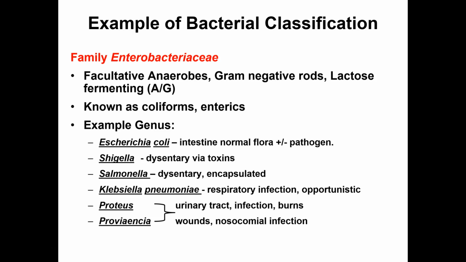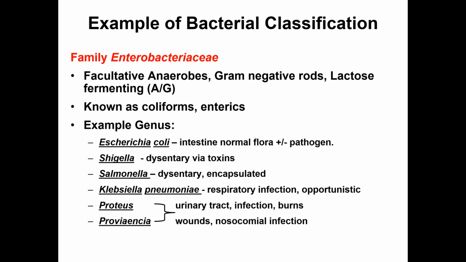And we've seen these in lab. So all of the enterics in Enterobacteriaceae are facultative anaerobes. They're all gram-negative. They're all bacilli. They can all ferment lactose. They're all motile. So to be in this family, they have to have all these characteristics in common.